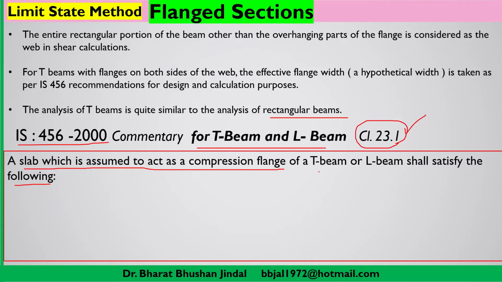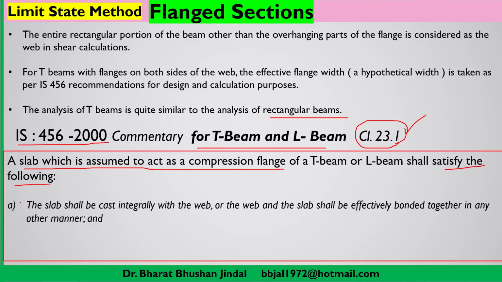You can design it as a T-beam, you can do the analysis as a T-beam, only if these conditions are satisfied. So first of all, the slab shall be cast integrally with the web. That means they should be cast monolithically, or we can say another condition, the web and the slab shall be effectively bonded together in any other manner.